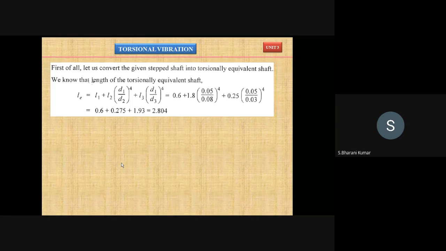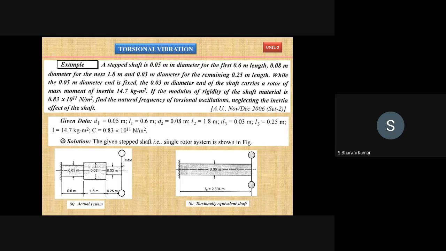Put together, we get L equal to 2.804 meters. That will be given in the right side diagram: length is 2.804 and diameter is 0.05.